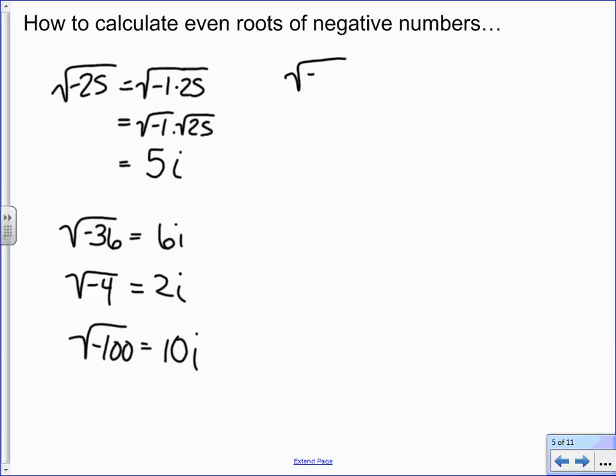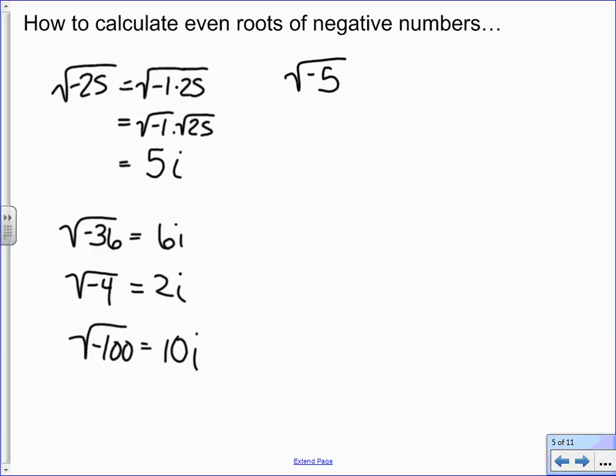The square root of negative 5. Do you know the square root of 5? It's somewhere in between 2 and 3, right? Because the square root of 4 is 2 and the square root of 9 is 3, and 5 is somewhere in between 4 and 9. So we kind of know what it would be as a decimal. I don't want a decimal.